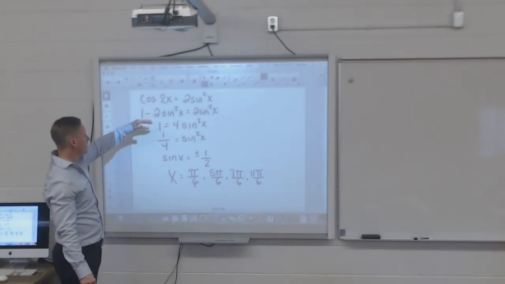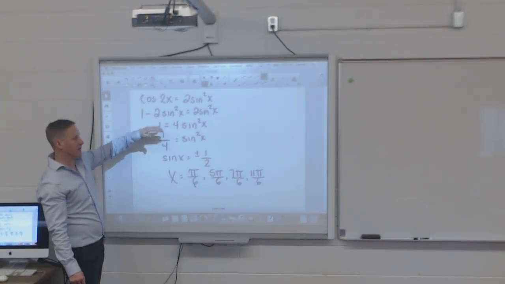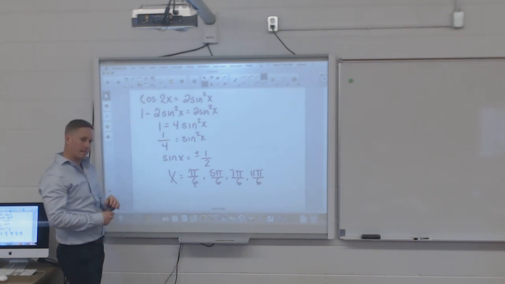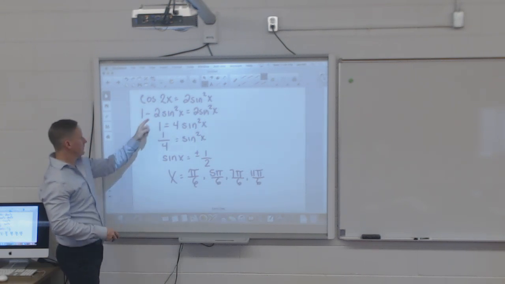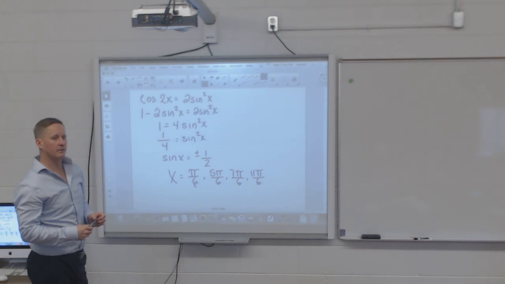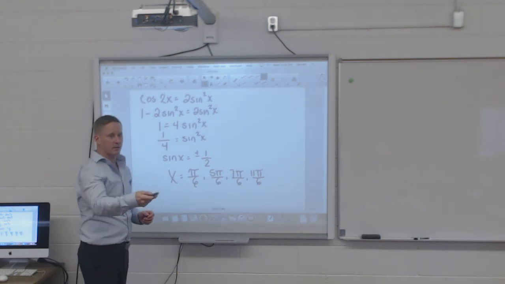Okay, so where did we lose you? At the top here? I just wasn't sure if you could subtract, or if you could add the two sines together. Yes, you can. Jake, could you subtract the 1 over 2 with the new difference of squares? Yes, you could, absolutely. That's actually what the book does.